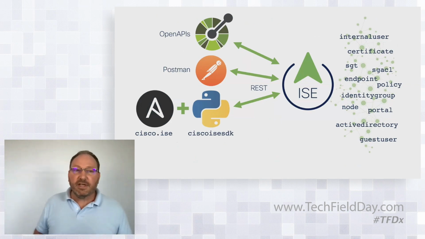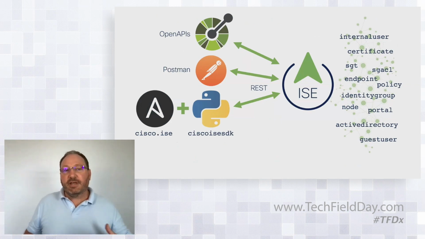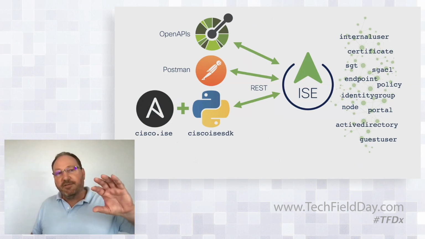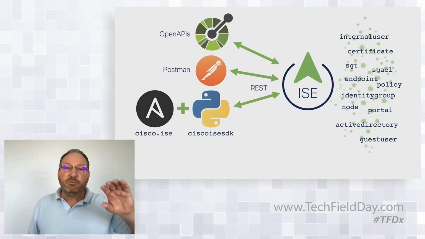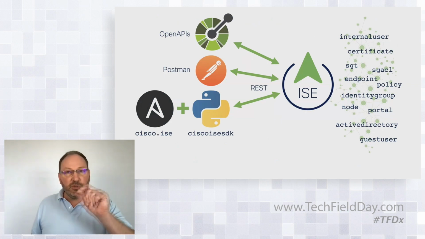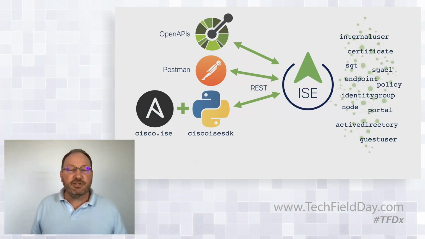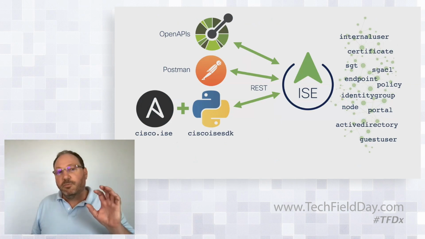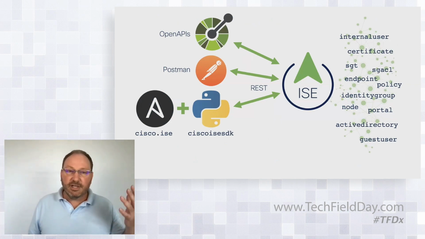And what that allows us to do ultimately is have a standardized way that we can communicate and configure ICE for doing lots of different tasks, whether it's automation or just playing around. So we actually have the Swagger utility built into an ICE node. So if you just want to play right there in the ICE web interface, you can play with the OpenAPIs using Swagger there. Of course, with Postman, you can import collections of these OpenAPIs and play with them there.